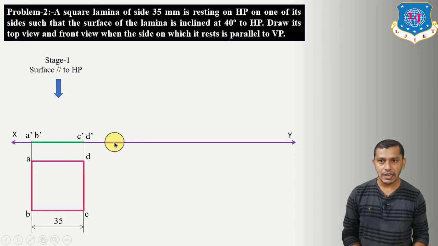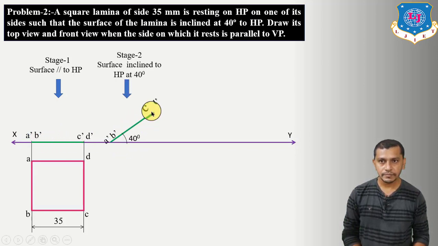So now incline this line at 40 degrees. Surface inclined to HP at 40 degrees. We keep A dash, B dash on the XY reference line, because if any side is on HP, then the elevation of that side will be on the XY reference line.